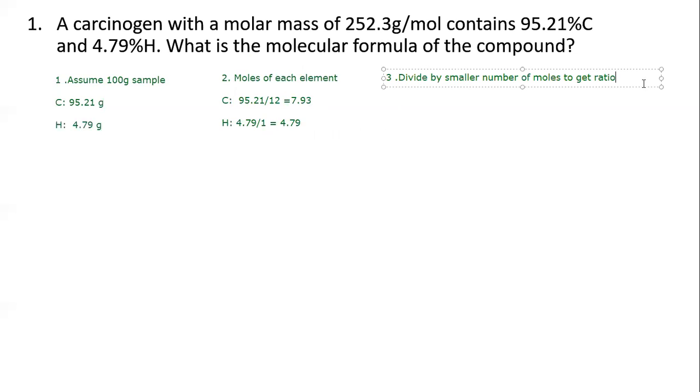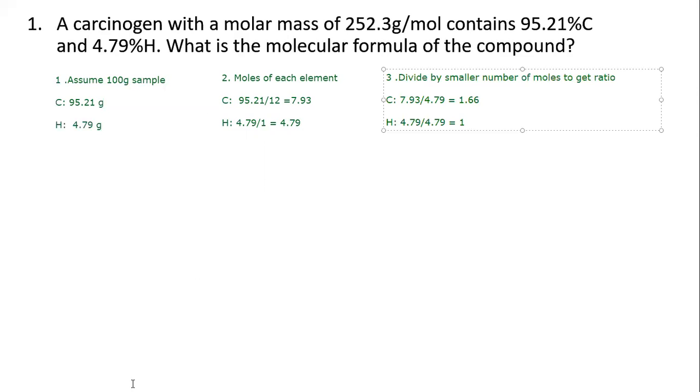So here, hydrogen's a smaller number of moles. And here you see, in this case, we get a ratio of 1.66 to 1.